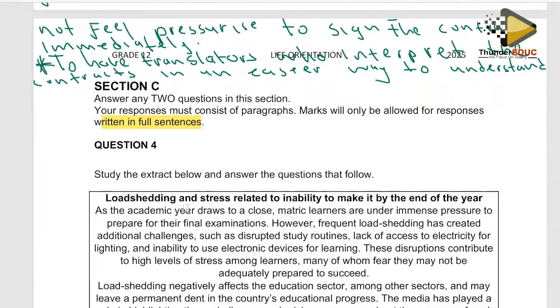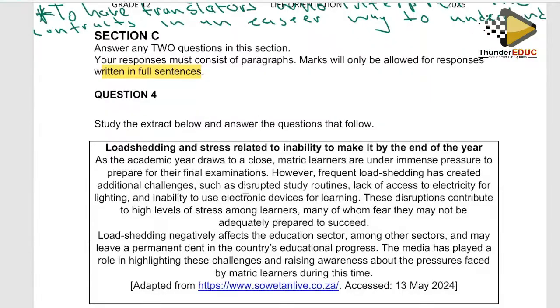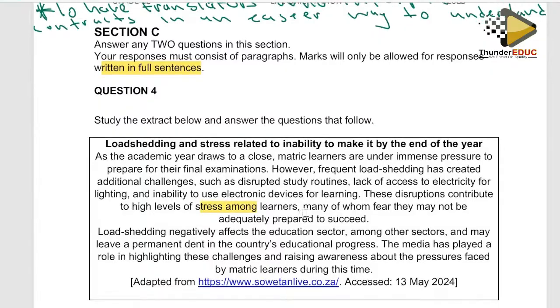Load shedding and stress related to inability to make it by the end of the year. As the academic year draws close, matric learners are under immense pressure to prepare for their final examinations. However, frequent load shedding has created additional challenges such as disrupted study routines, lack of access to electricity for lighting, and the inability to use electronic devices for learning. These disruptions cause or contribute to high levels of stress among our learners, many of whom fear they may not be adequately prepared to succeed.